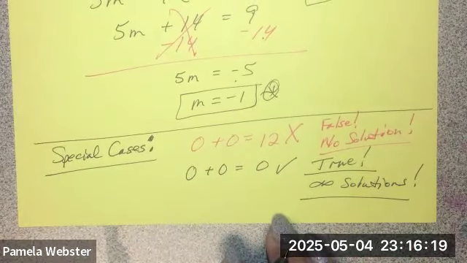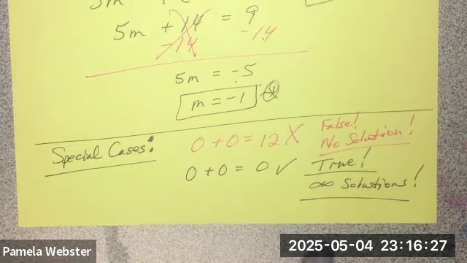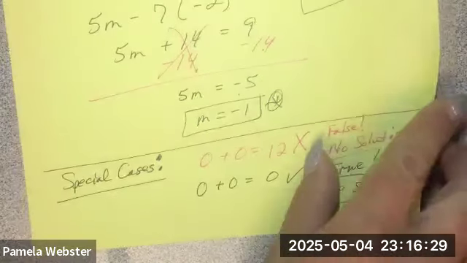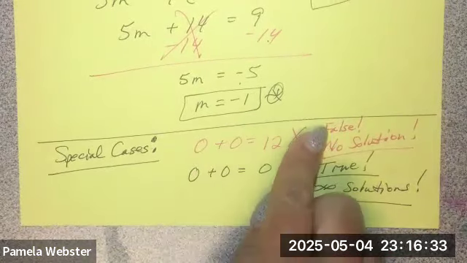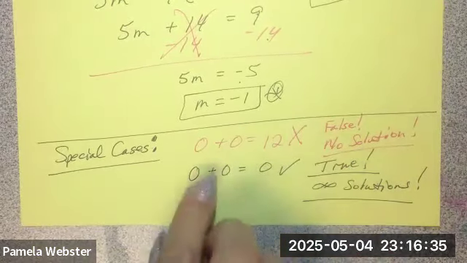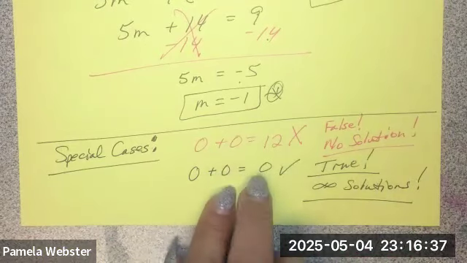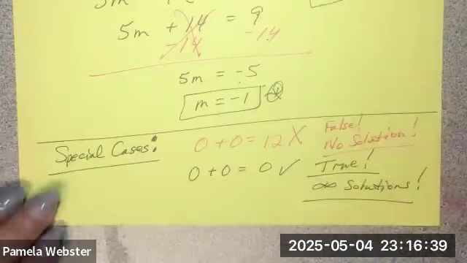So be sure that you know the difference. Some of you didn't know the difference, and so you said no solution, infinite solutions, and you knew it was one of them, so you figured you'd get partial credit. But make sure you know for sure: if it's a lie, this is not a true statement, it's false, no solution. If this is a true statement, 0 always equals 0, right?